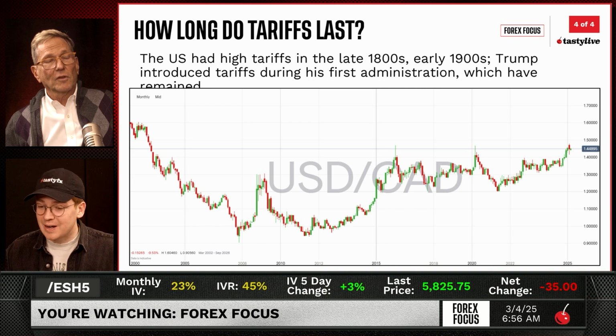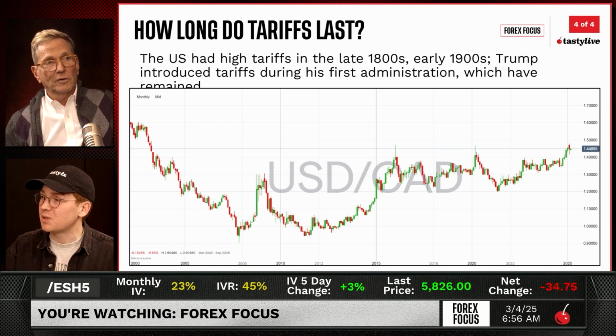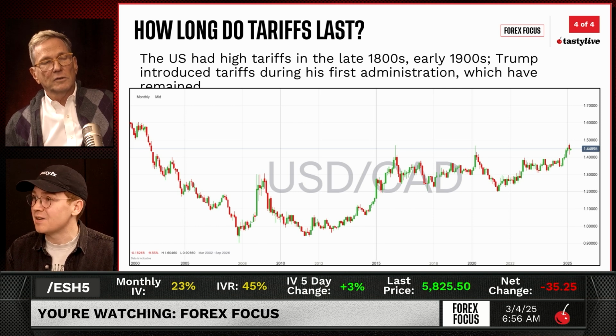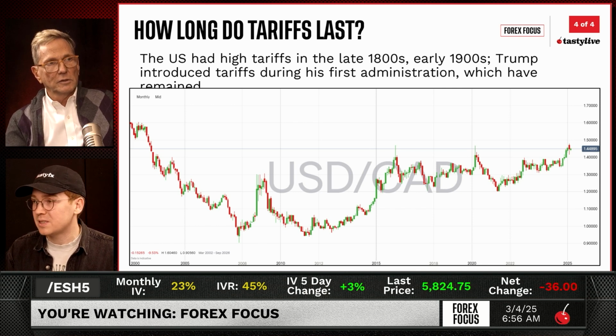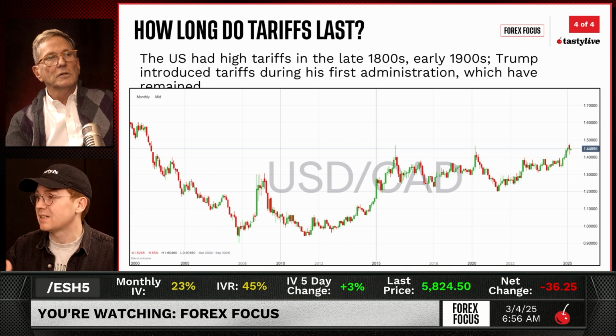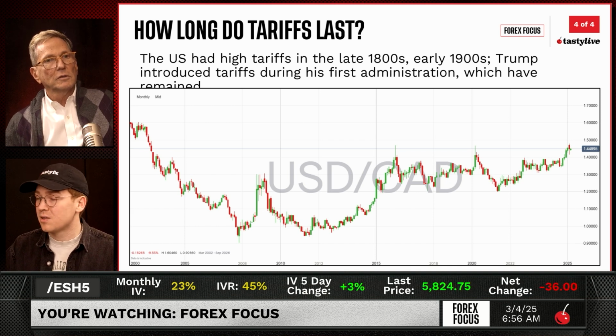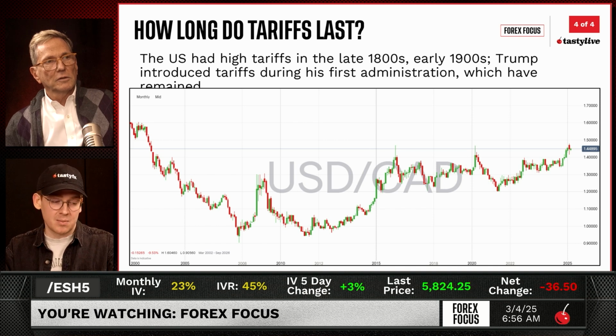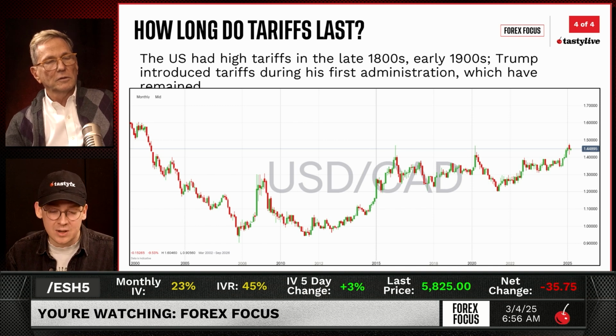And that is what spurs on the volatility and opportunity in a market like forex, the unknown. If we all knew we put these tariffs in and they're only going to last 30 days and then they're going to be taken out, the market probably wouldn't really have moved at all. But you can see here on the monthly chart, this US dollar CAD market is right there at extremes going back to 2003. We'll see what happens from here, Pete.